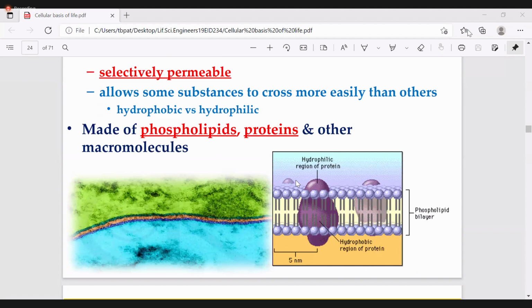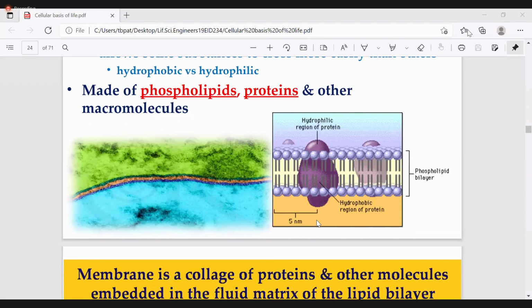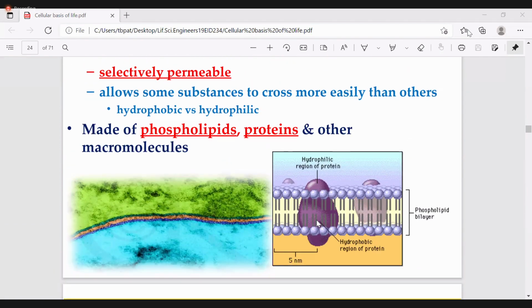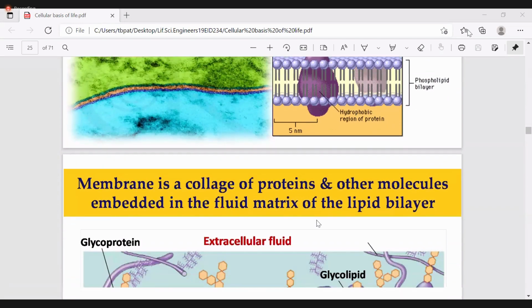This is the phenomenon that takes place. This is our hydrophobic part, but these are all hydrophilic. This protein portion is in the bilayer, with hydrophobic and hydrophilic structures.